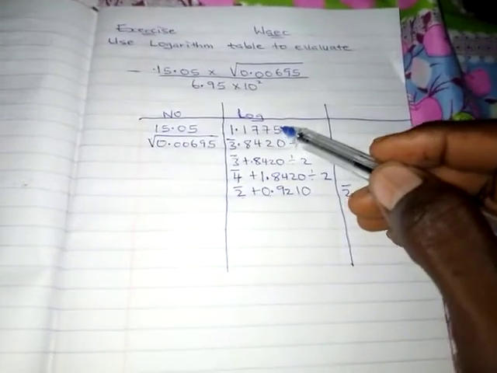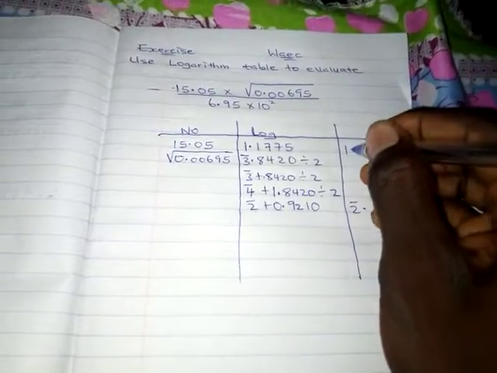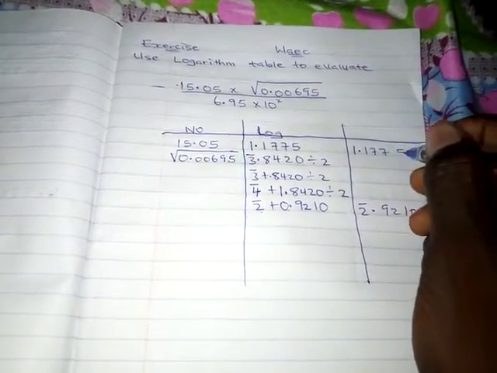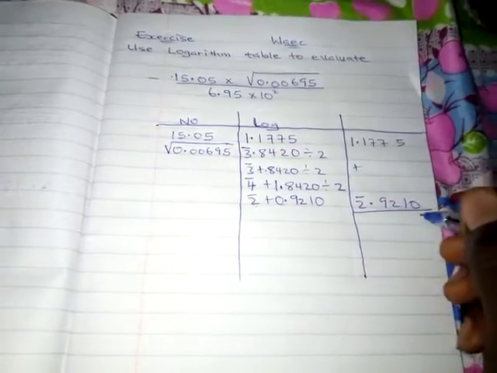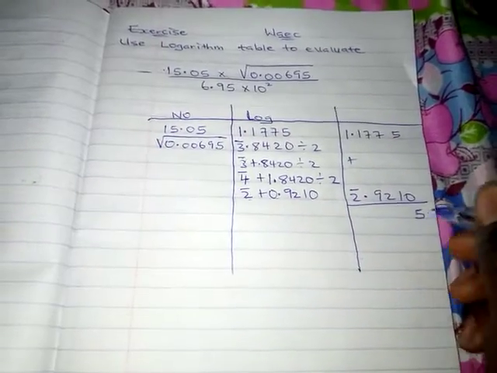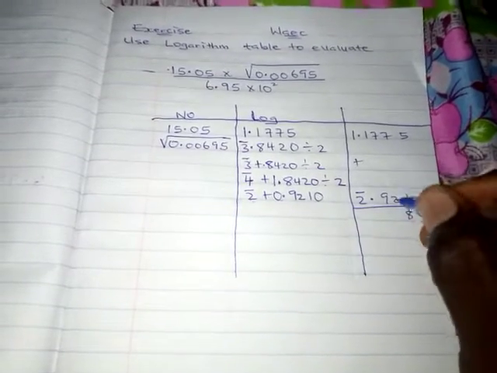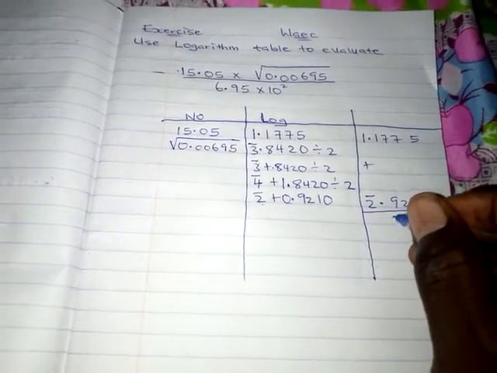So we bring the value for this 15.05 here, which is 1.1775, and we add 5 plus 0 gives us 5, 7 plus 1 gives us 8, 2 plus 7 gives us 9, and 1 plus 9 gives us 10. So you put down 0, carry 1.